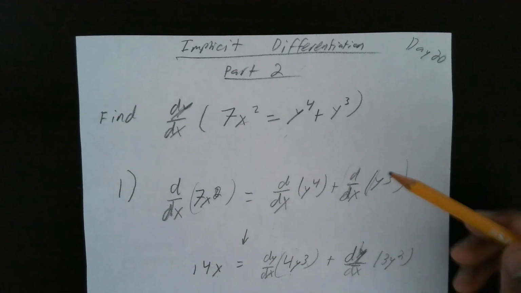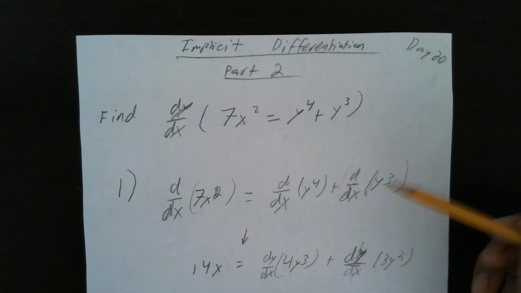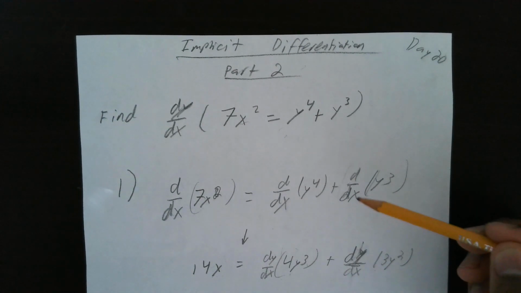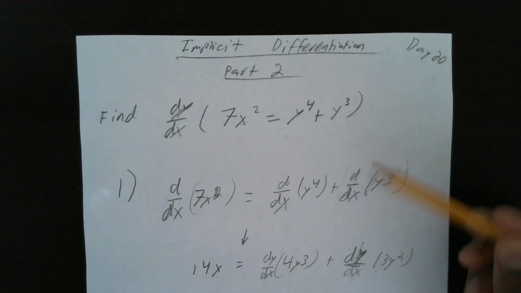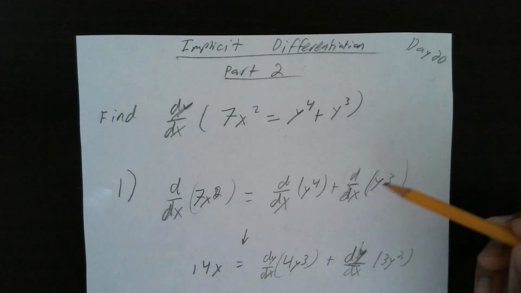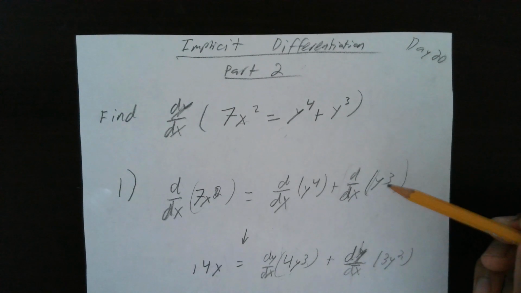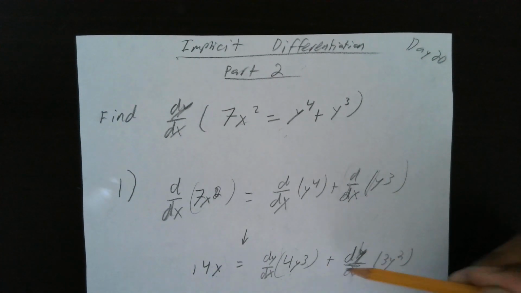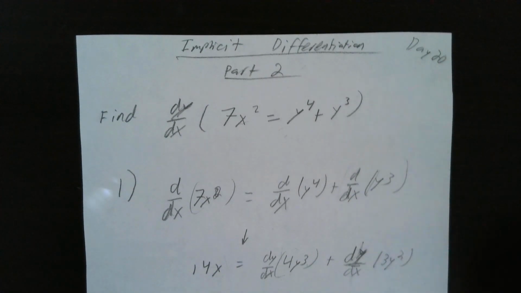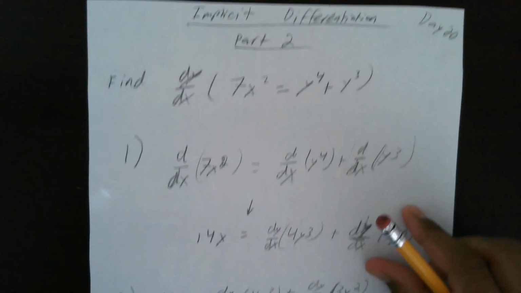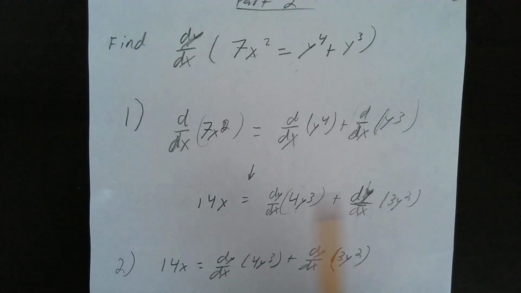So remember, you do that because it's just y variables here, and we're trying to differentiate with respect to x, so we have to have a dy over dx right here. Alright, so we then bring all our terms with dy over dx onto one side, and we already did that right here, so we actually don't even need to do anything for step 2.